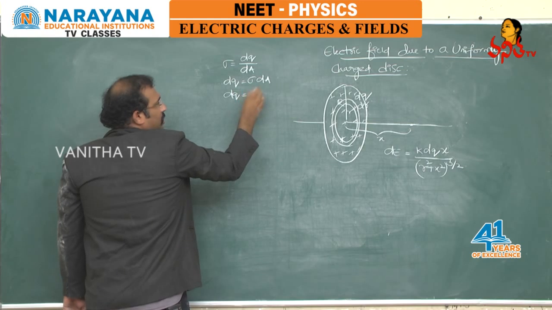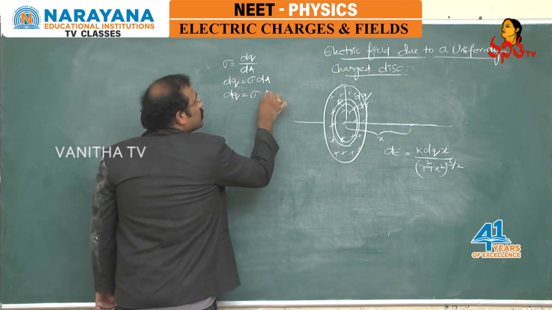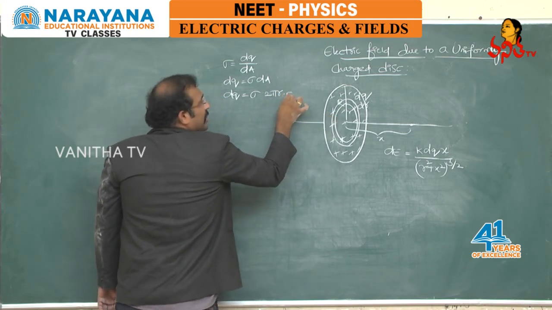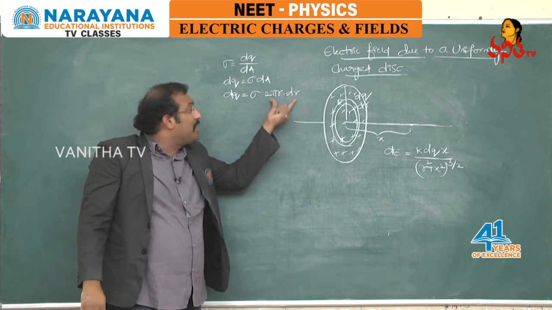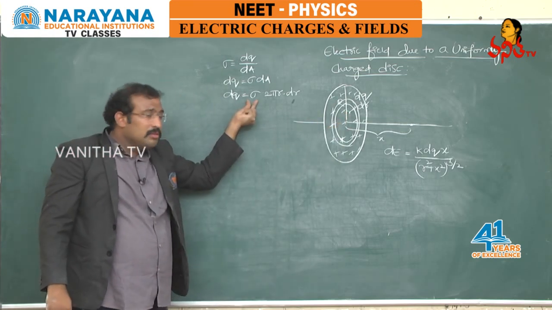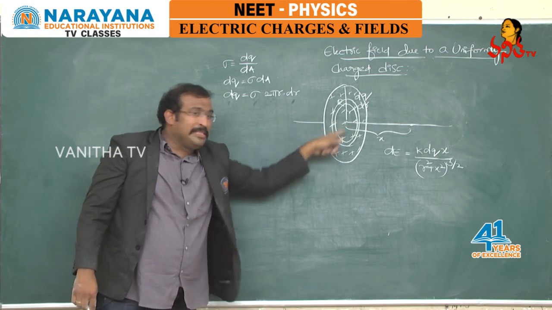So dq is equal to sigma, surface charge density, into dA, which is 2 pi r, the circumference of the ring, and dr its thickness. So this gives the small area of the element. Sigma is the surface charge density, and dq is the charge of the elemental ring.